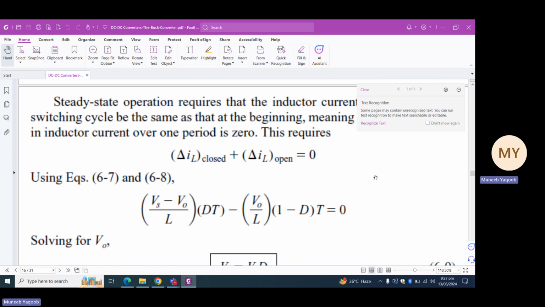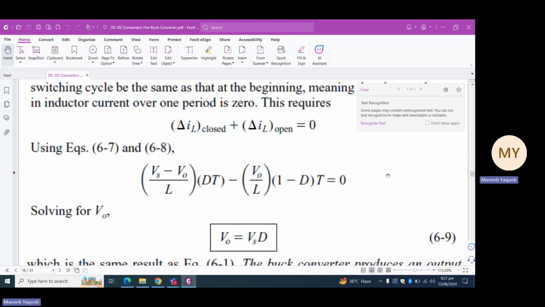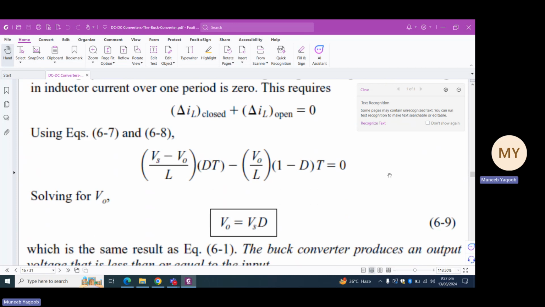So if we put the corresponding equivalent expression for this and simplify it for Vout, we get Vs into D. So the conclusion is that for a buck converter, output voltage Vout is equals to supply voltage times the duty cycle D.